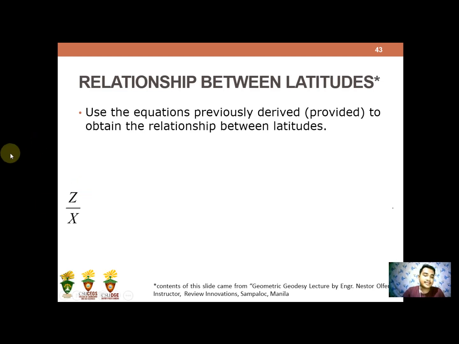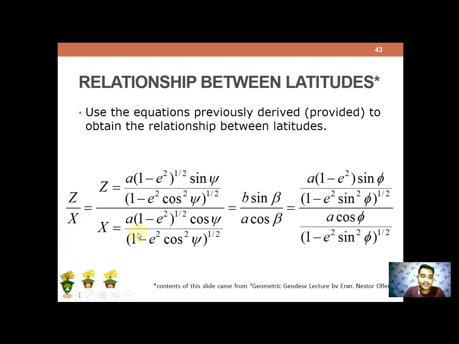So we have z over x, which is the slope, rise over run. These are the equations derived earlier. This is for geocentric, this is for reduced, and this is for geodetic.